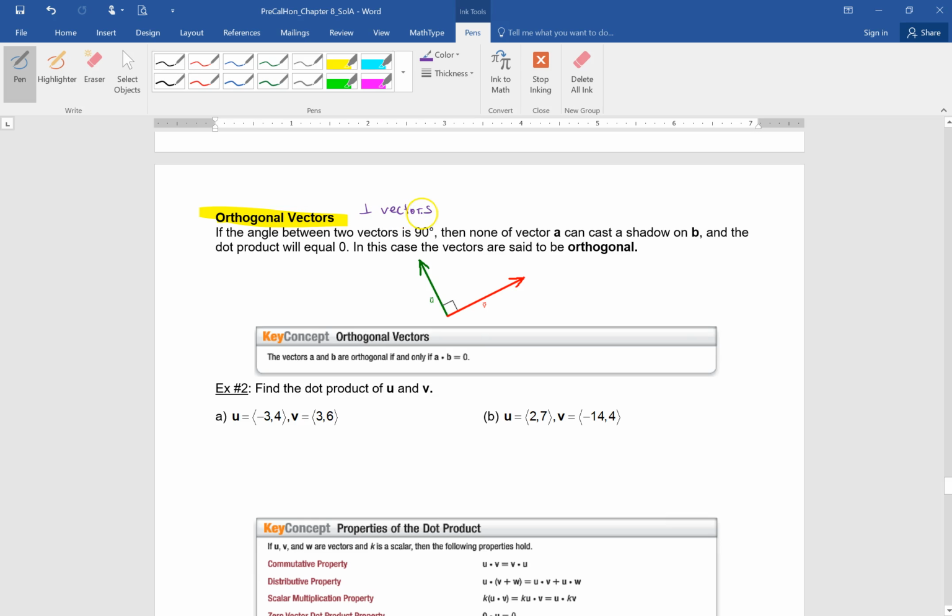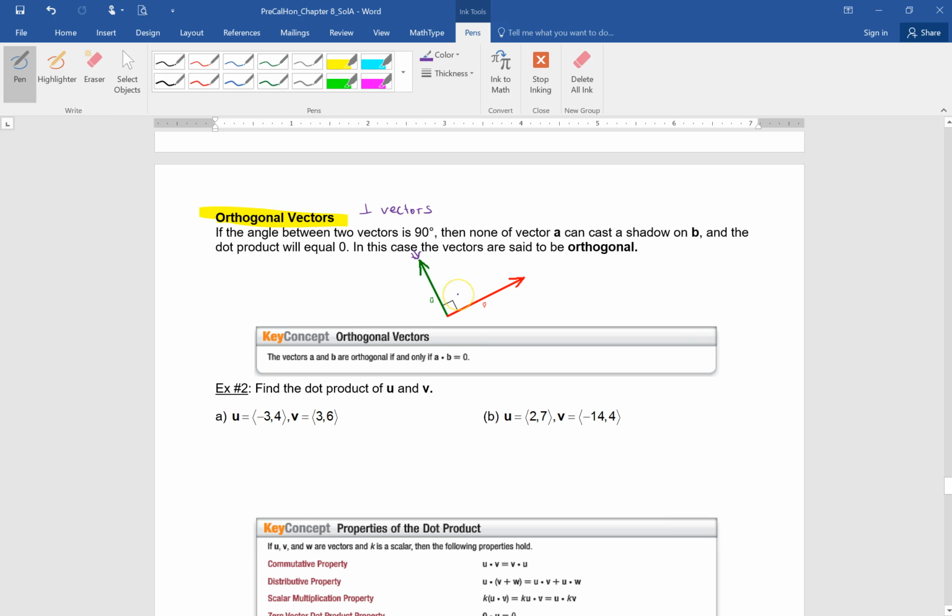If the angle between two vectors is 90 degrees, and you were to shine a light on this, it would cast no shadow onto B. If the sun was directly above you, there would be no shadow of you on the ground. There's only a shadow if there is an angle other than 90 degrees.